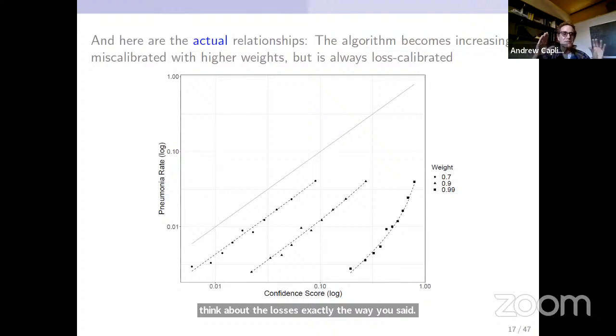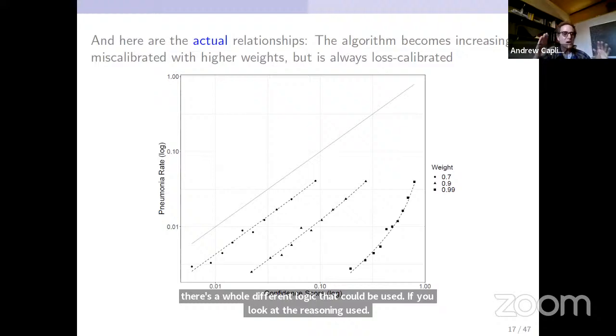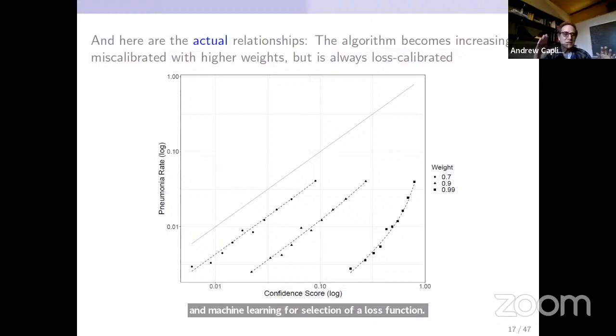If you look at the reasoning used in machine learning for selection of a loss function, it's uniformly cockamamie. It just makes absolutely no sense. But they've tried 6 billion and they probably won. They did something right, but there's no logic to it. It's very disturbing. But they're winning, so they don't really care.